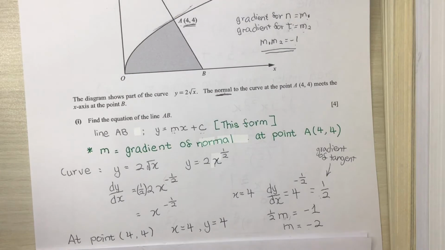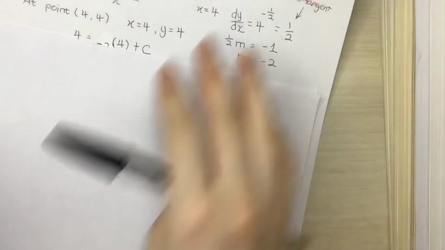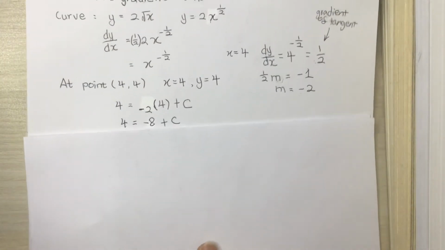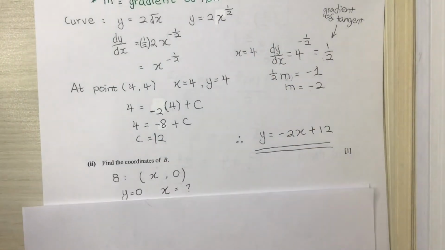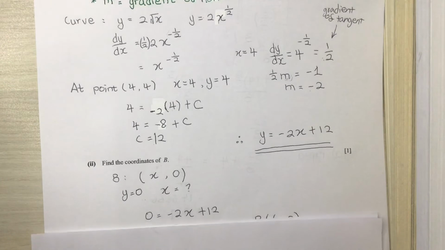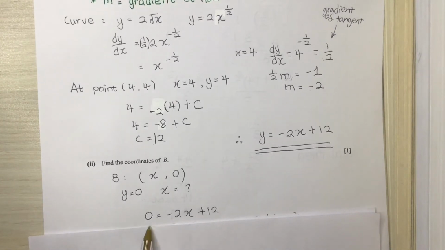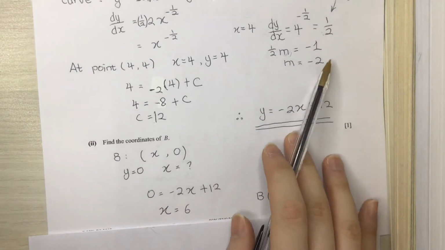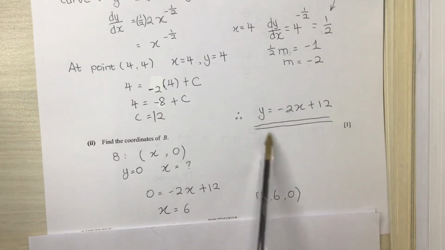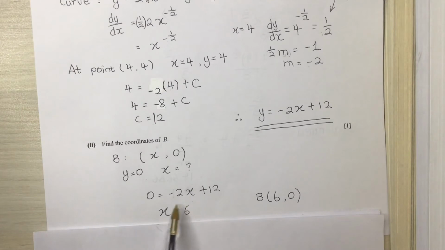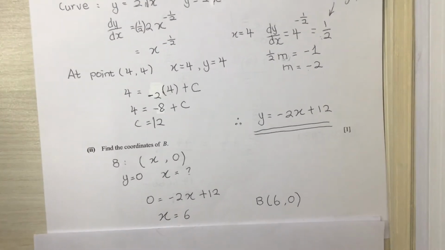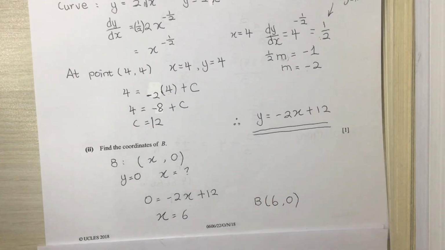So this is only a 1 mark question. All you have to do is substitute y as 0 and find your x using the equation that you found in the first part. This is the answer that I found, where x equals 6. Hence you may rewrite your B coordinate in coordinate form.